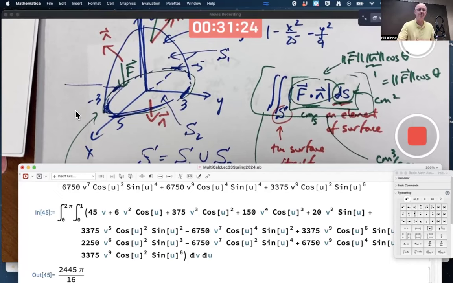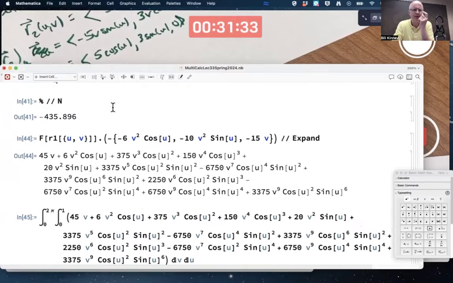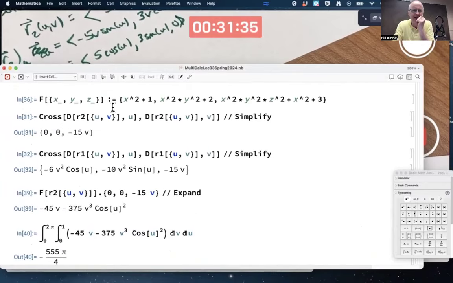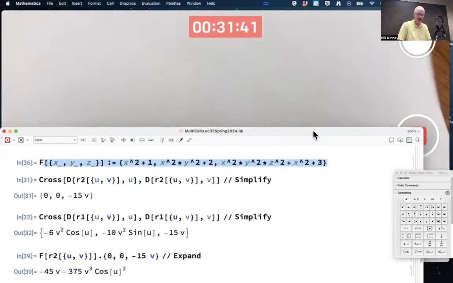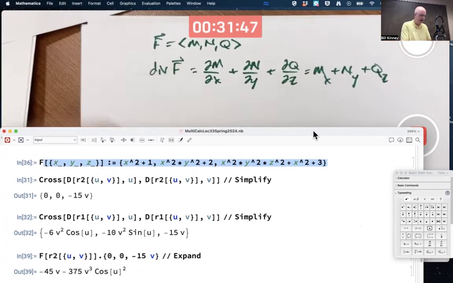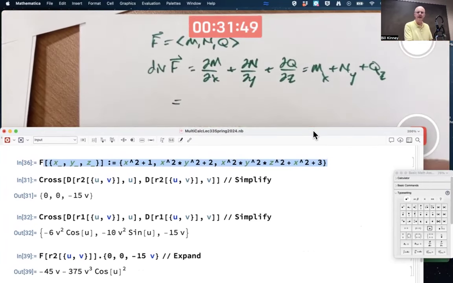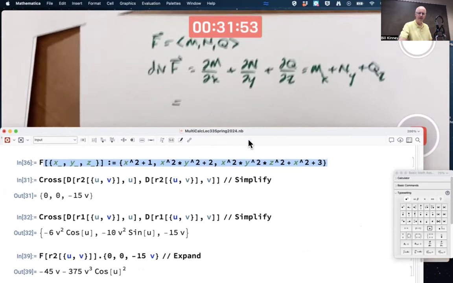Let's see if it works. What is our vector field? Our vector field is this thing. Let's go ahead and calculate the divergence by hand. Use this formula here. Take the derivative of the first component with respect to the first variable.